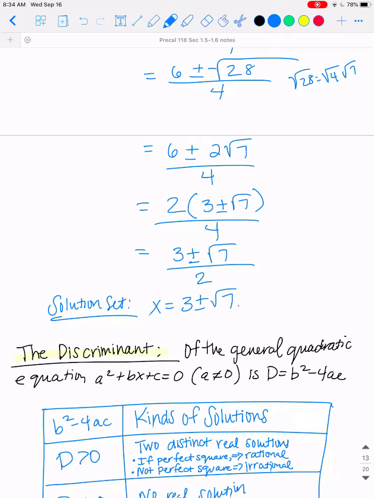So we get 2 times 3 plus or minus square root 7. And then we're able to cancel this 2 with one of the 2's on the bottom. So we get 3 plus or minus square root 7 over 2. So our solution set is 3 plus or minus square root 7 over 2.